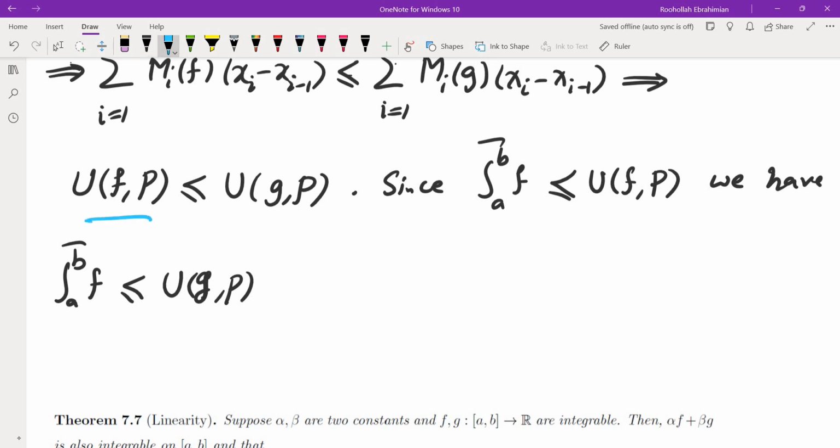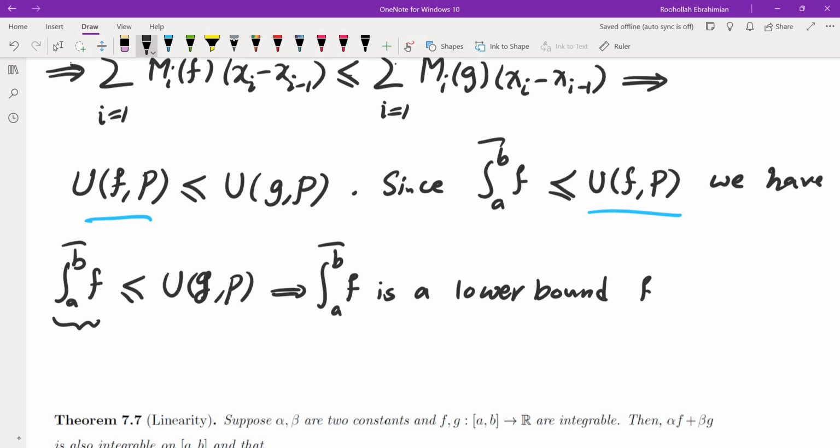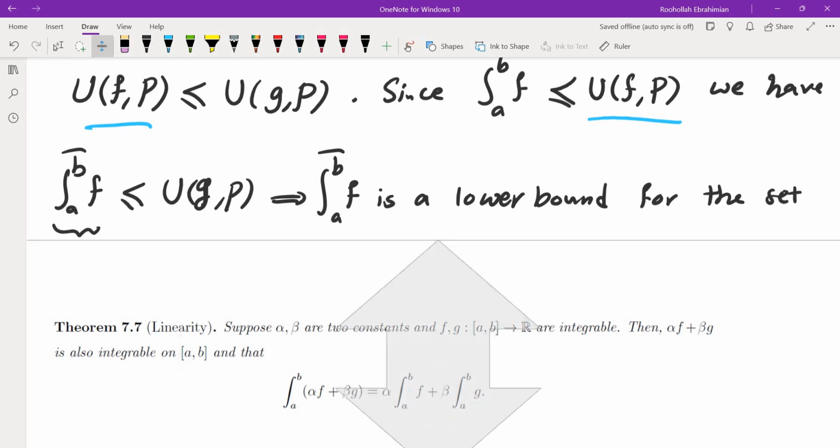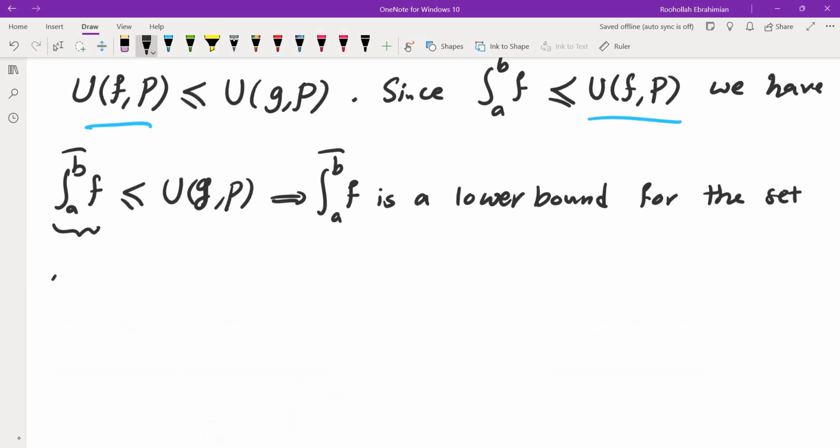Because this is less than upper sum of g, and this is also greater than or equal to the upper integral, we have this inequality. So this means this is a fixed number. The upper integral for f is a lower bound for the set of all upper sums of g.